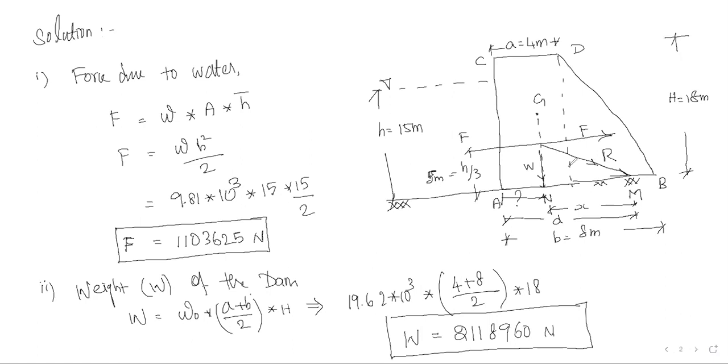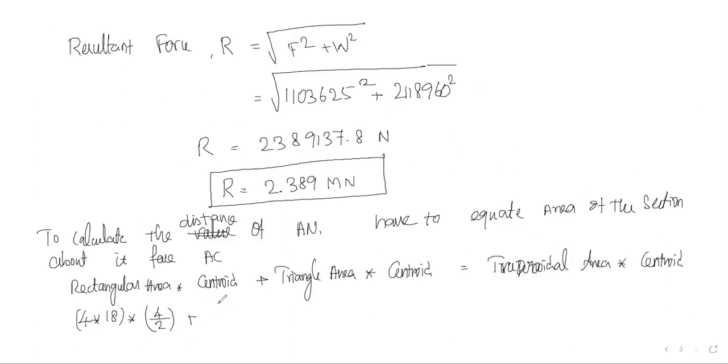The base is 8 minus 4, so half b h, that is half into (8 minus 4) into height 18.